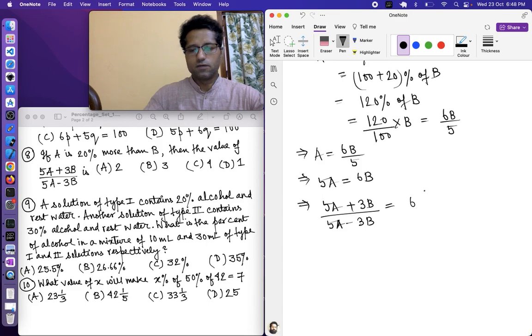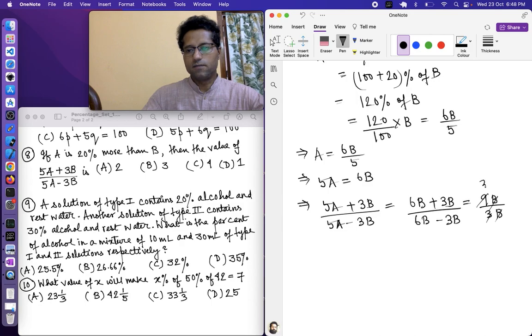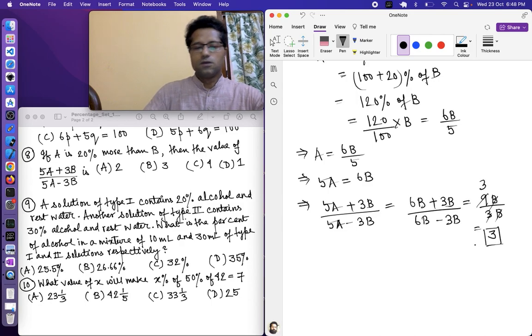So instead of 5A we can write (6B plus 3B) divided by (6B minus 3B). This is equal to 9B divided by 3B. B cancels out and 3 divides 9 with 3. This is equal to 3. So the value of the given expression is 3, and hence the correct choice is B. B is the correct choice.